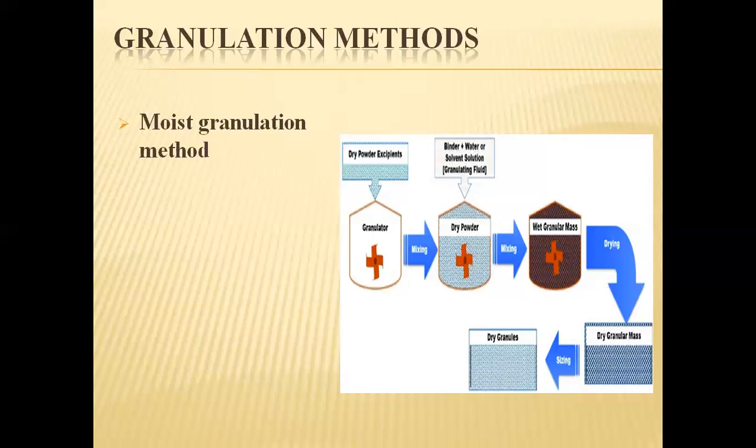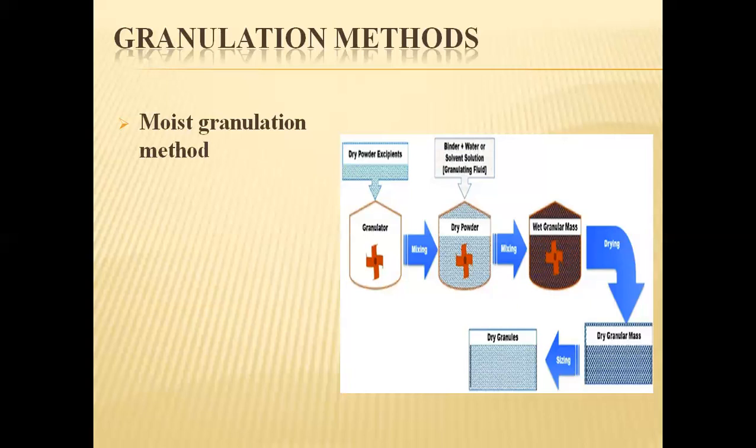After preparation of these granules, the wet granules we are obtaining are spread over trays and subjected to drying in a tray dryer. The temperature maintained in drying is generally between 50 to 60 degrees centigrade.